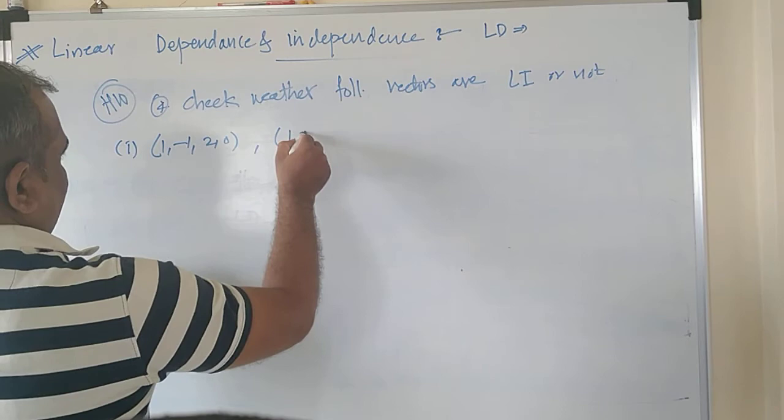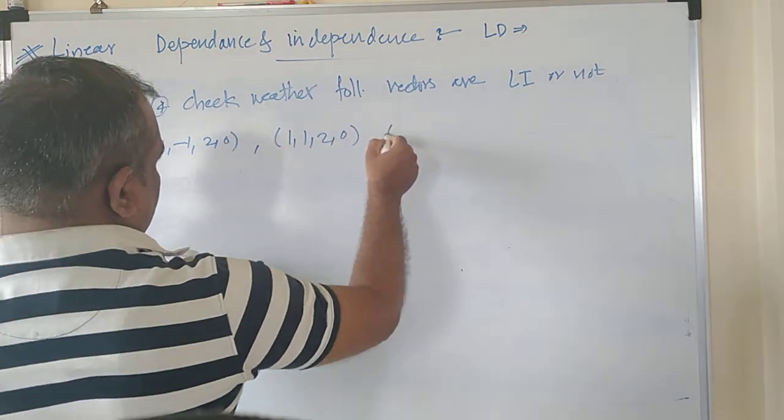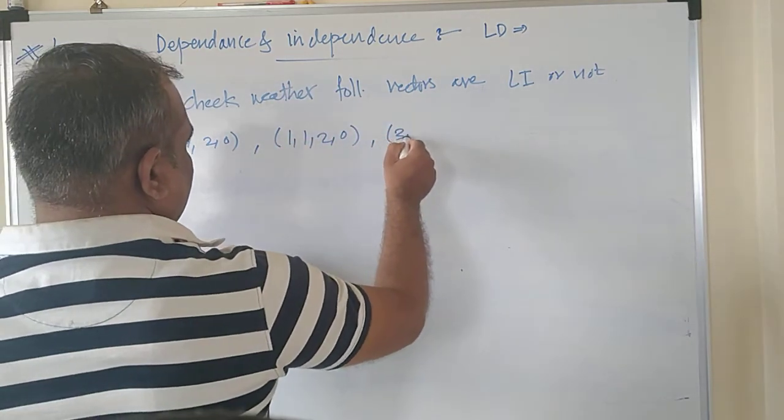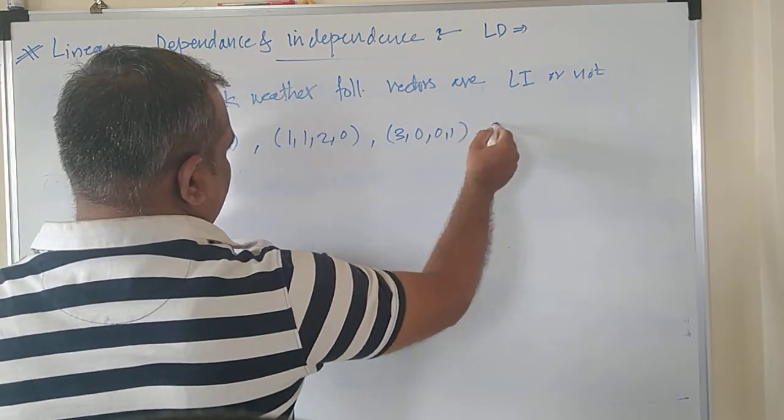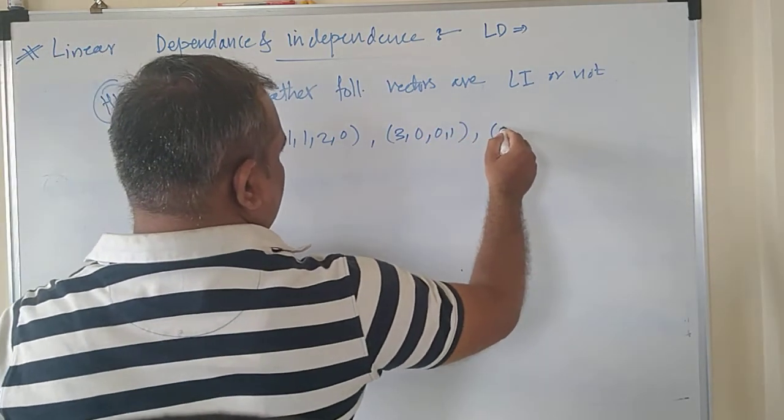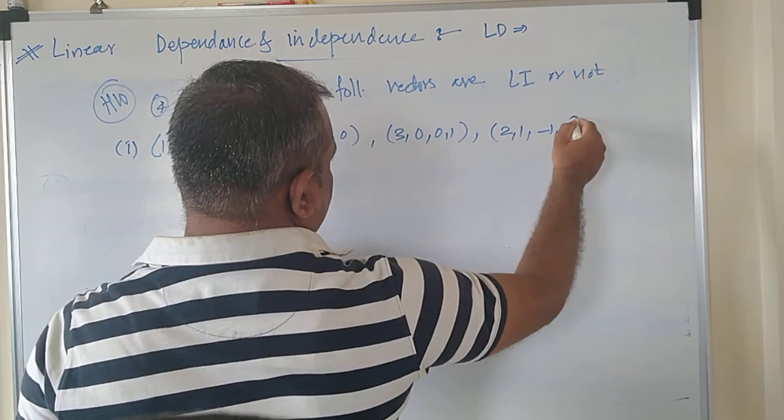Second vector is 1, 1, 2, 0. Third is 3, 0, 0, 1. Fourth one is 2, 1, minus 1, 0.